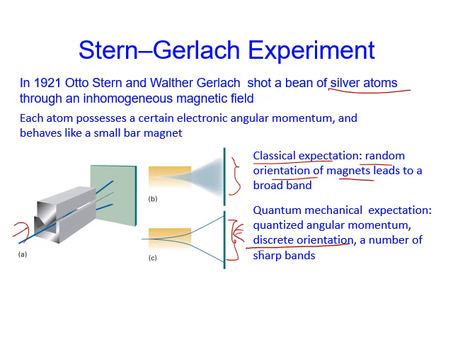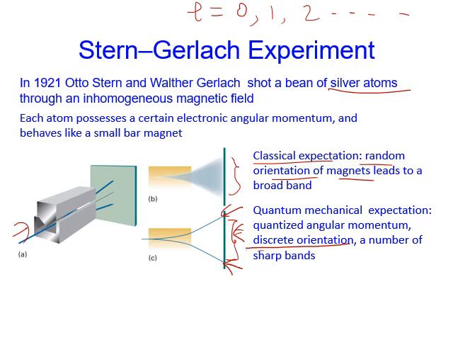That seems to prove the angular momentum of the silver atom is quantized. However, they only saw two bands. And according to the hydrogen atom, the angular momentum quantum number l can be 0, 1, 2, 3.